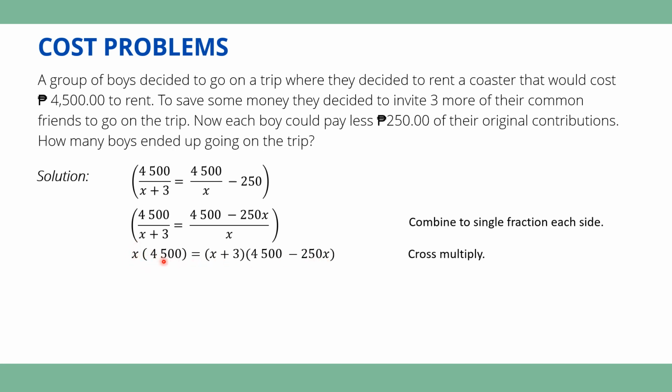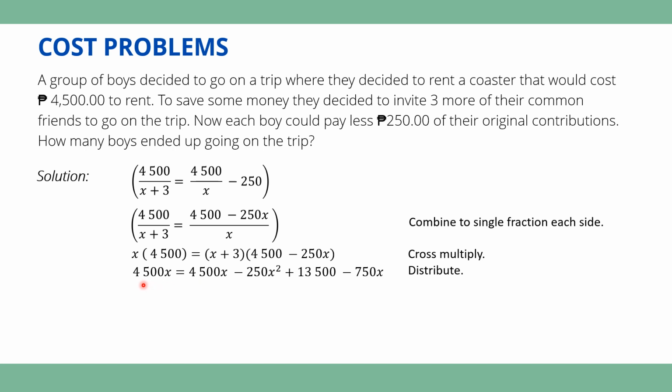Monomial by monomial, then binomial by binomial. So, mangyayari, we will have on the left side, 4,500x equal to, using FOIL method, we will have 4,500x minus 250x squared plus 13,500 minus 750x.